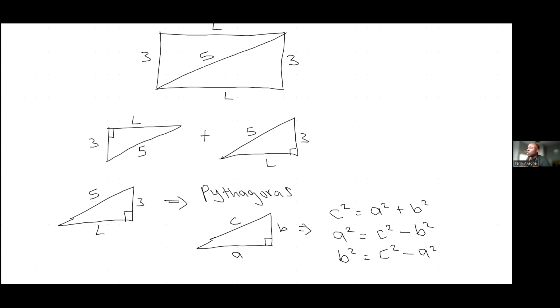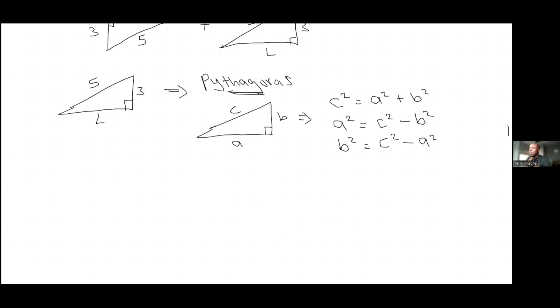So what we're going to do is apply the Pythagoras theorem to this now. We can now say 5 squared is equal to 3 squared plus L squared. I'll take 3 squared to this side. So we have 5 squared minus 3 squared is equal to L squared.